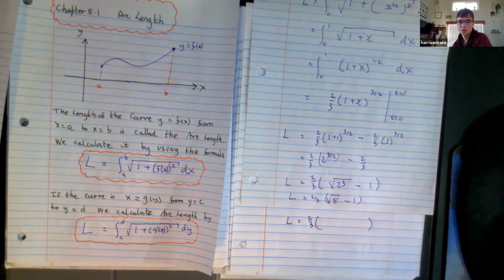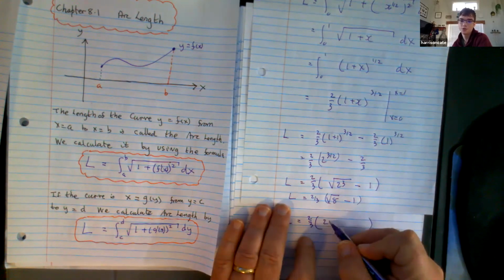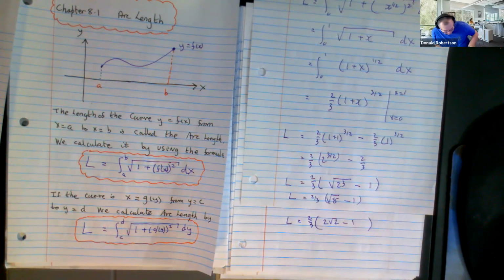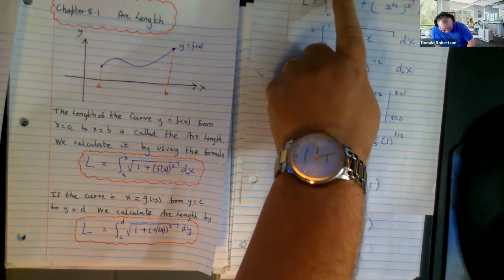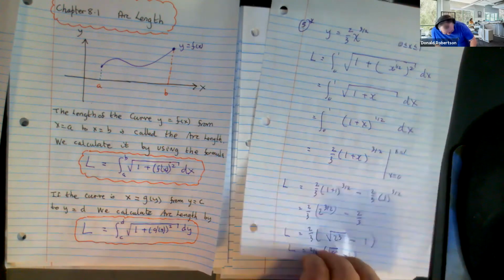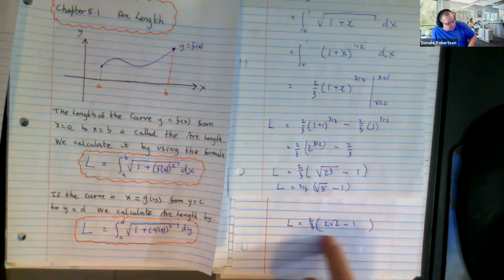You can make it into 2 multiplied by the square root of 2. And we'll call it good. We're finished. So the length of this curve, starting at 0 and finishing at 1, is this.